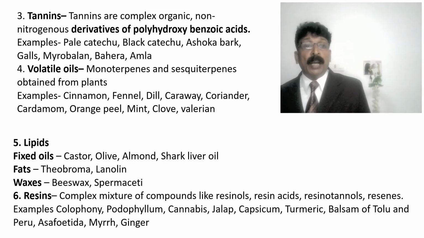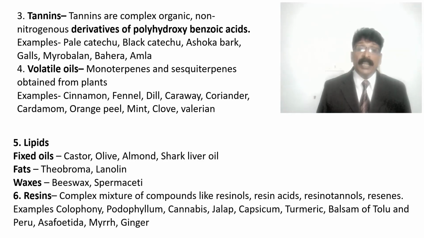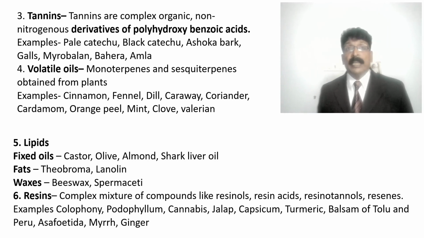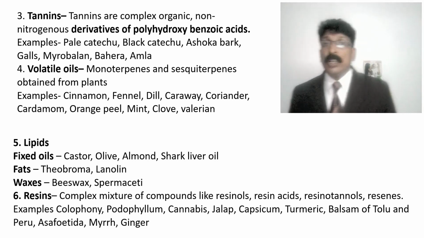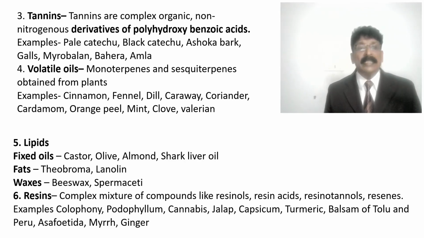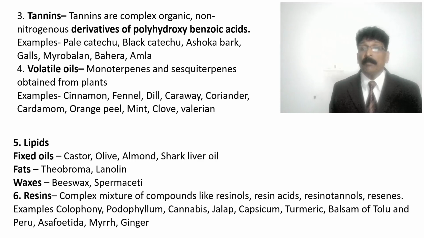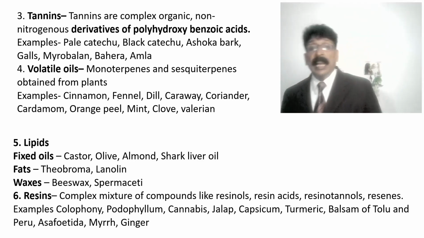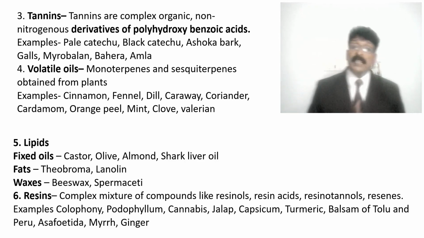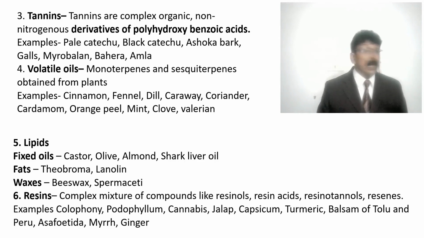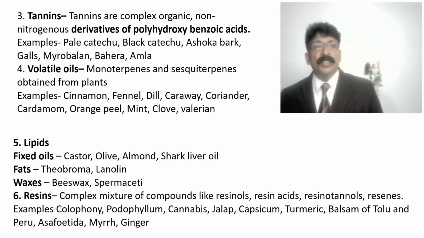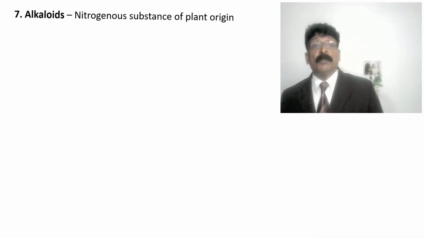And when you come to the resins, they are complex mixtures of compounds like resin alcohols, resin acids, resinotannols, resenes, and examples like colophony, podophyllum, cannabis, jalap, capsicum, turmeric, balsam of Tolu and Peru, asafoetida, myrrh, ginger. So these are some of the examples which you should remember and specify.